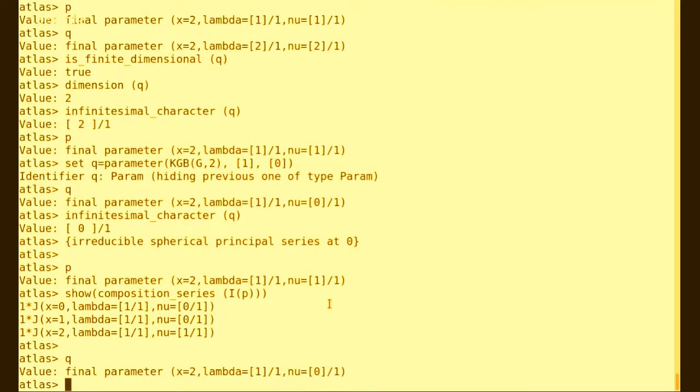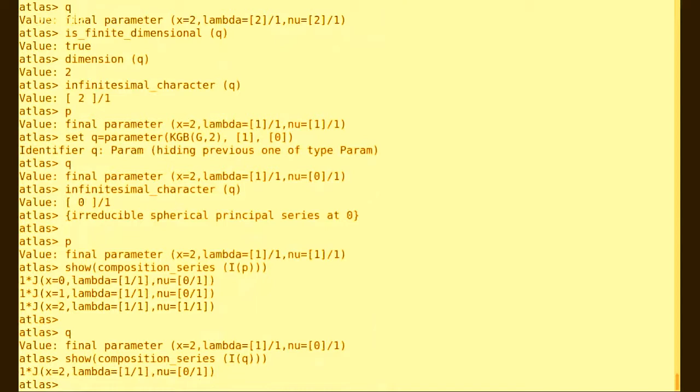All I did is I changed nu from 1 to 0, but I didn't change lambda. And if I look at the composition series of I of Q, it's irreducible. So that's not a bug, it's a feature. When you change nu without changing lambda, you change the reducibility of the representation.